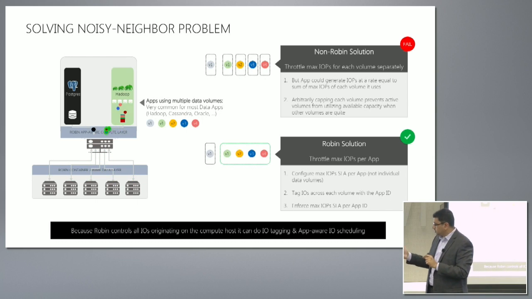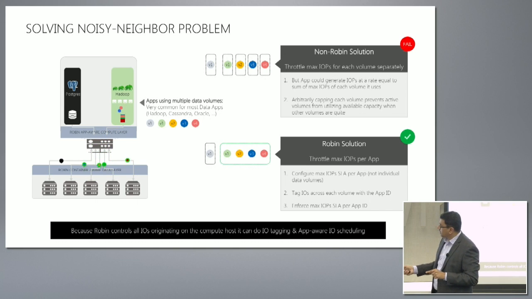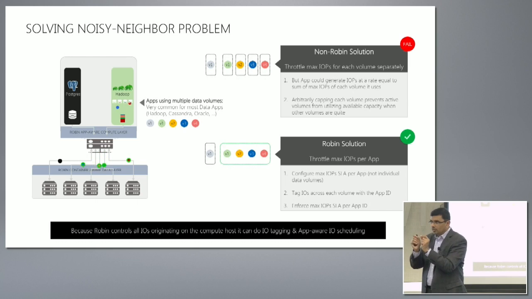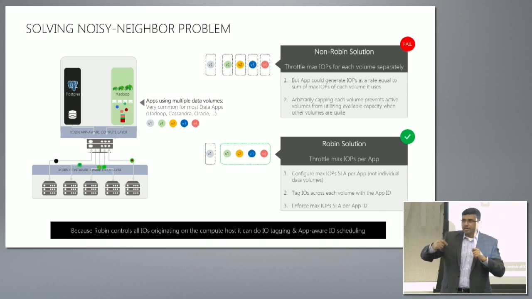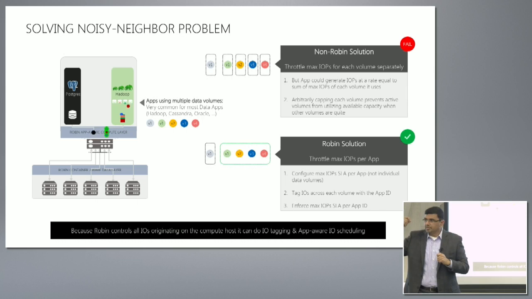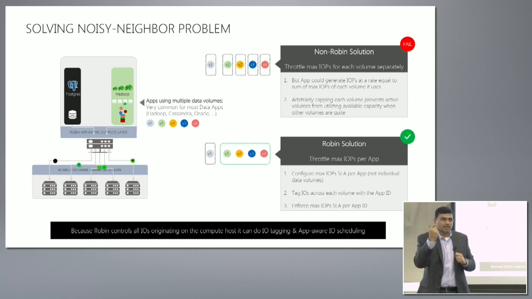And it has to be enforced across all these 4 volumes. In this picture, these balls that are coming out are individual IOs, but all the IOs coming for the LUNs attached to the green application have this green envelope around them, which is the QoS parameter that you set at an application level. This is a very unique capability because you're not worried about LUN-level specifics; you're doing everything at an application level.